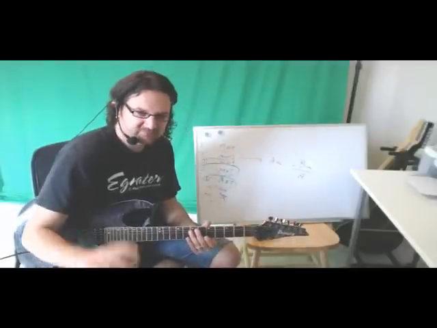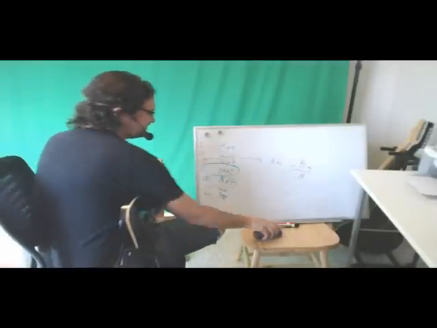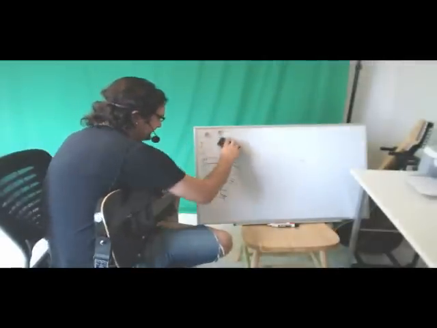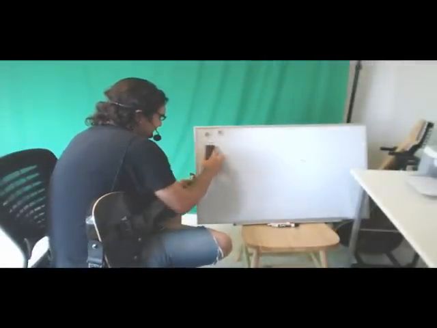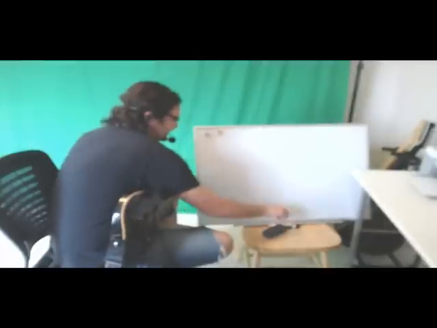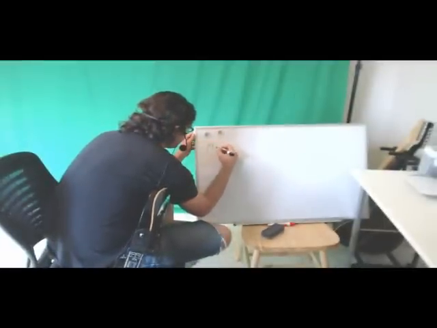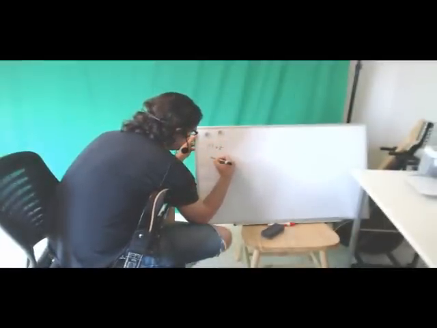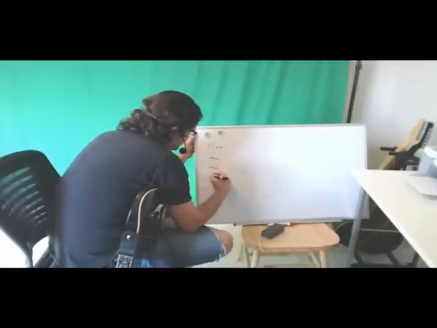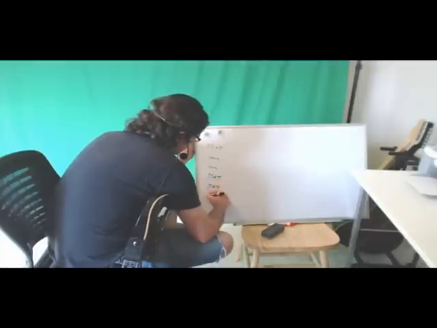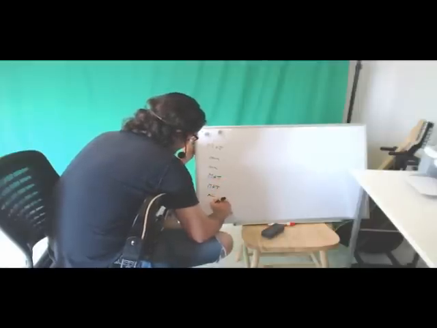Okay, one exception. We're going to go a little over it today. Let me redo this. There's a few exceptions actually. So we said major, minor, minor, major, major, minor, and half diminished.